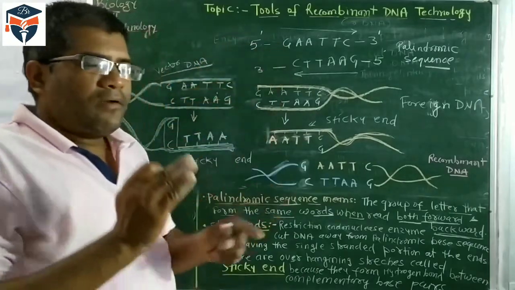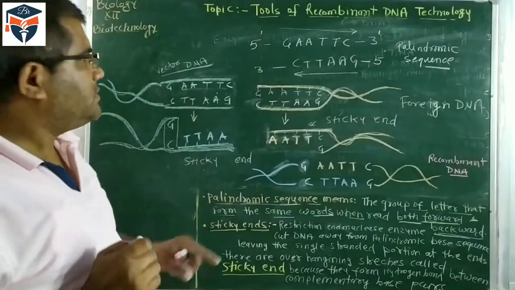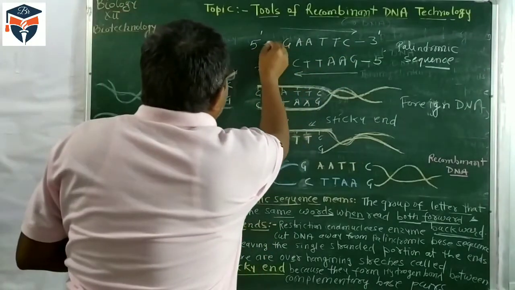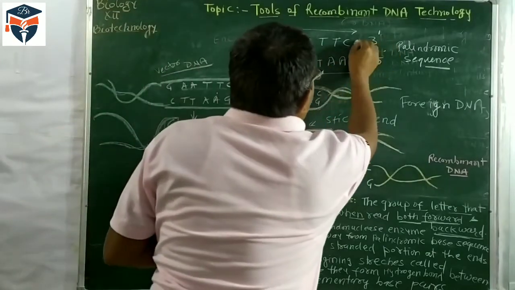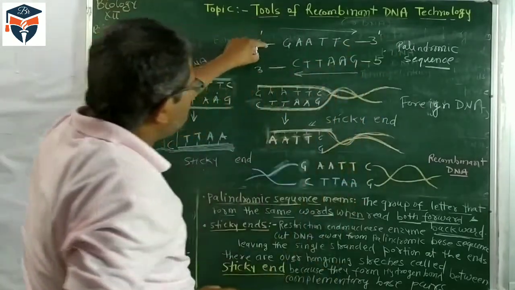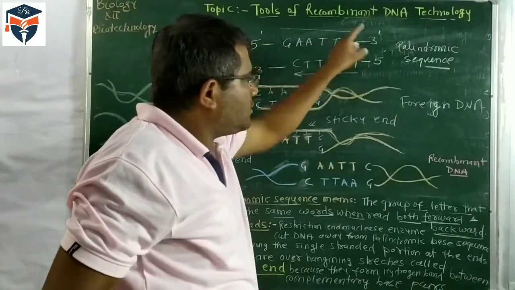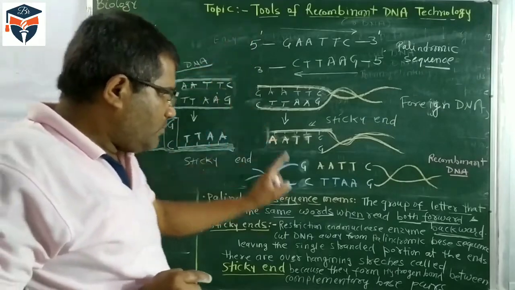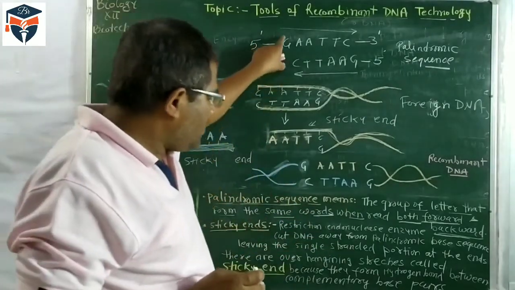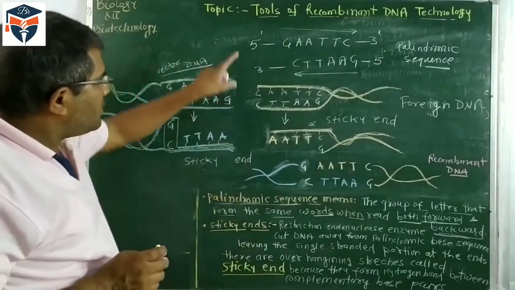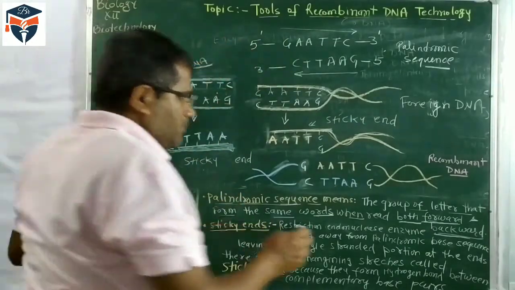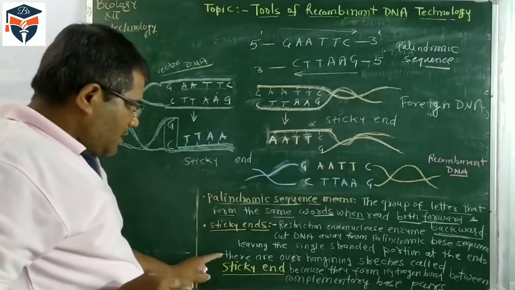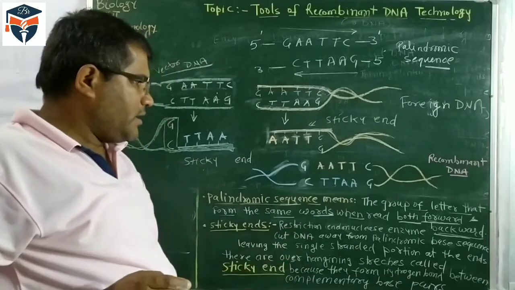Now, when the restriction endonuclease enzyme cuts the DNA at the palindromic sequence, it leaves a single strand away from these nitrogenous bases. This single strand of nitrogenous bases, away from the palindromic base sequence, is left at the end, and there are overhanging stretches.